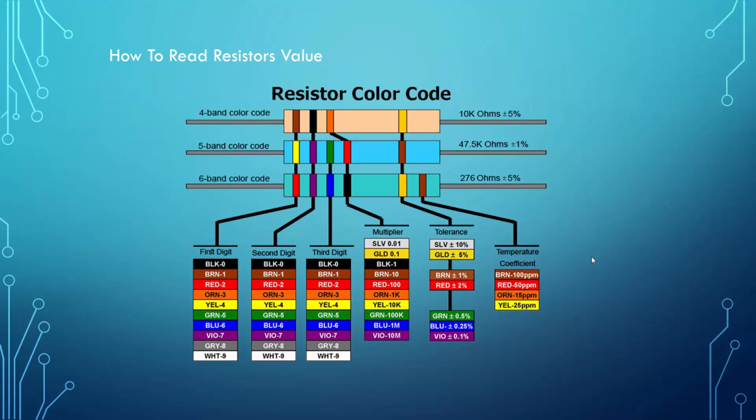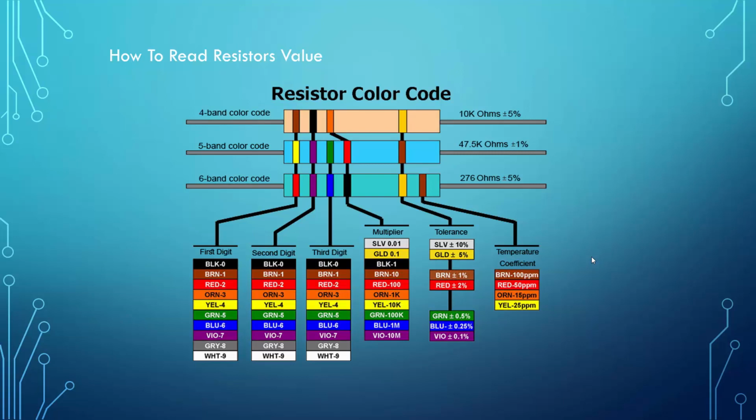The tolerance explains how much more or less the actual resistance of the resistor can be, compared to what its nominal value is. For example, in our case, first resistor has 4-band color code. First band is brown, so the first digit will be 1. The second band is black, so the second digit will be 0.